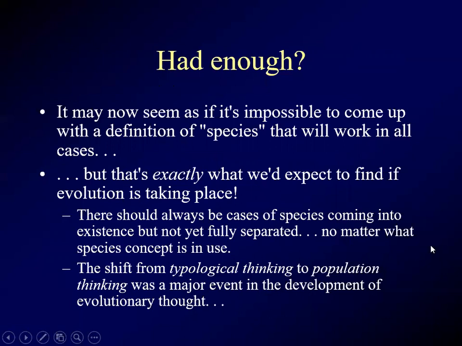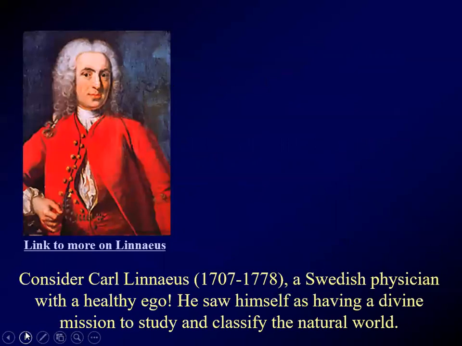And dipping into history for just a moment, I want to talk about something Ernst Mayr, as an old man and a historian and philosopher of biology, pointed out as being fundamental. We have a shift from typological thinking to population thinking. And we'll start with Linnaeus.